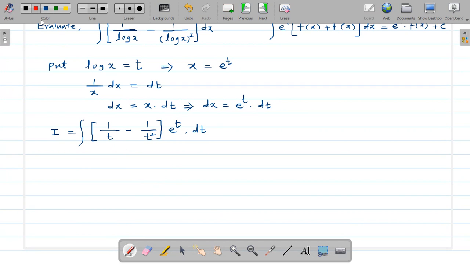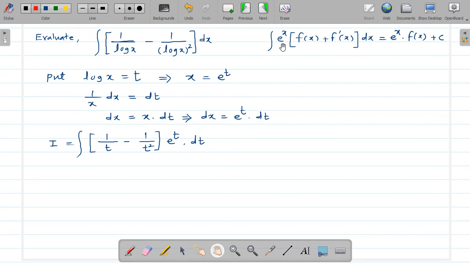Now if you observe the combination here, then by this result there is e raised to x, here it is e raised to t. And in the bracket, there is 1 upon t and its derivative is minus 1 upon t square. You know that the derivative of 1 upon x is minus 1 upon x square. So here the derivative of 1 upon t is minus 1 upon t square.